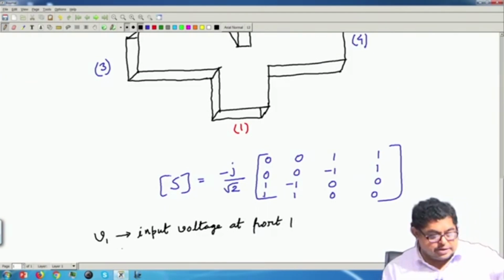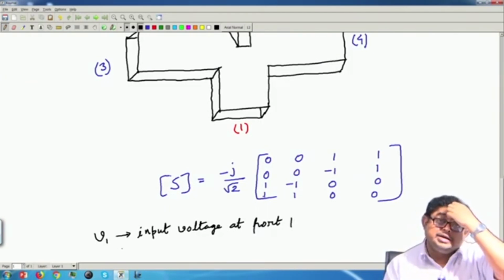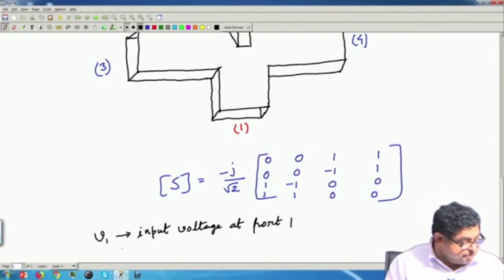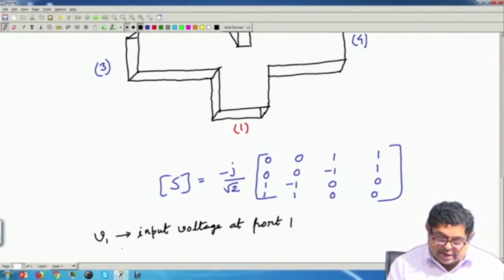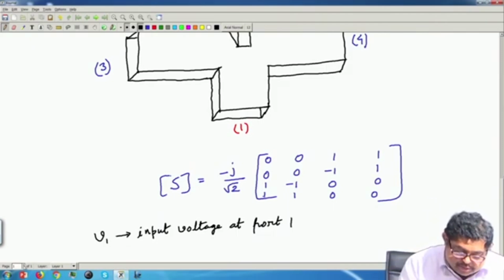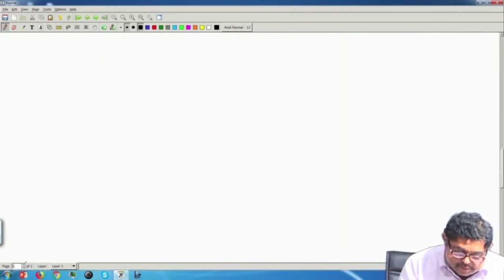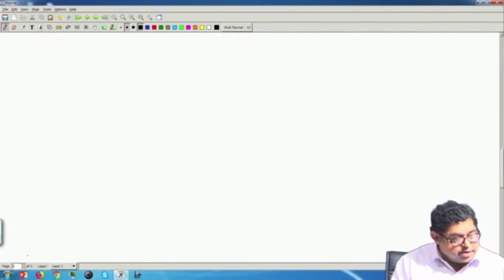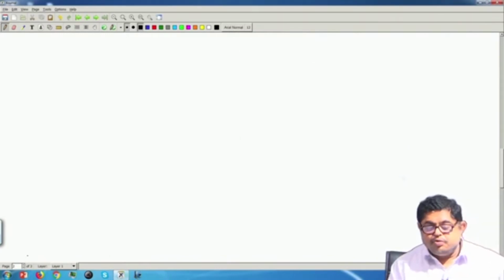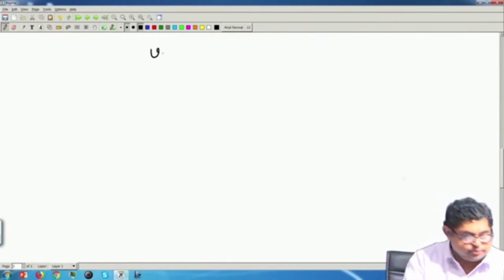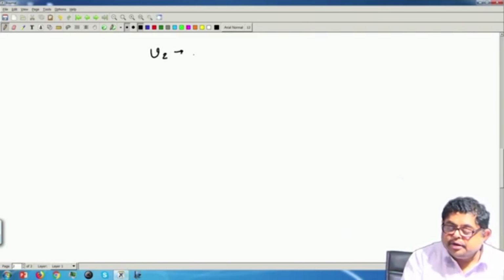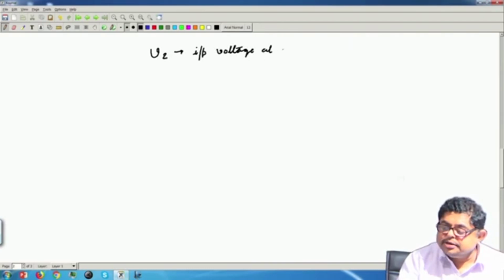Remember, yesterday we discussed in detail that this V 1 is actually a complex voltage, because this is an RF signal, and let V 2 be the input voltage at port 2.